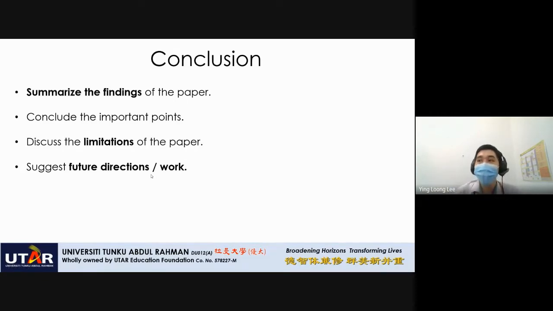It is good to point out some future work so that the topic you're working on is still worth investigating. There's still much room for further investigation. So to inspire other people, this will probably also attract other people who have an interest in this area to work with you on these future directions. Okay.